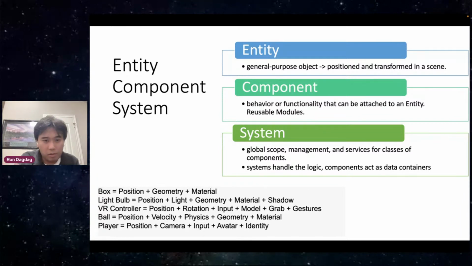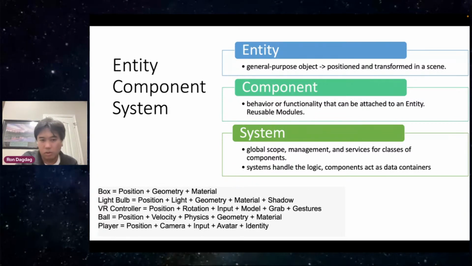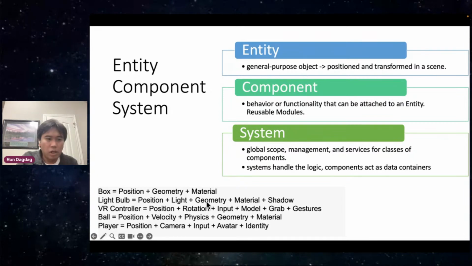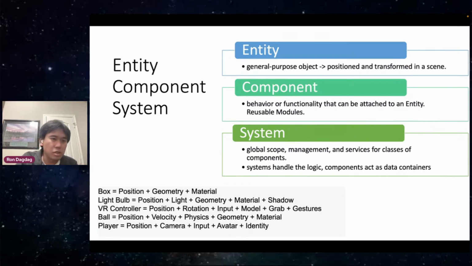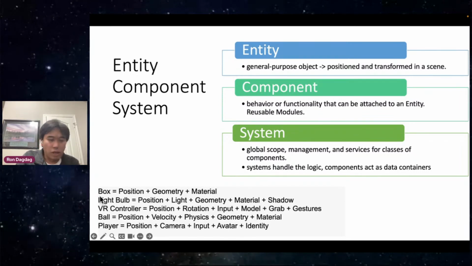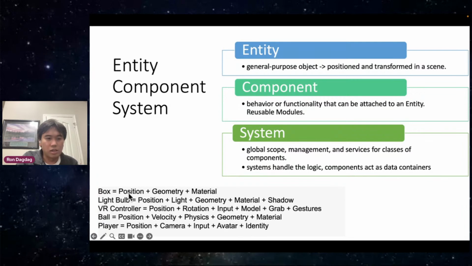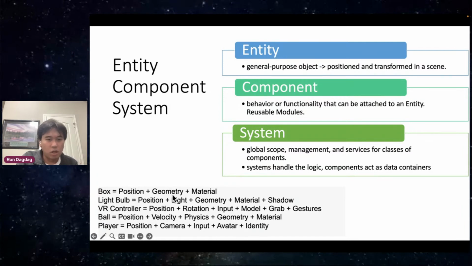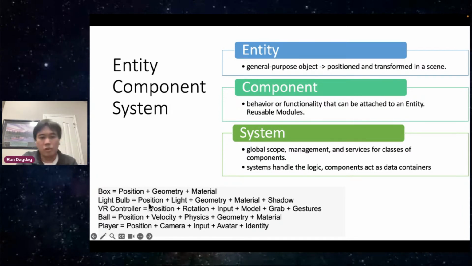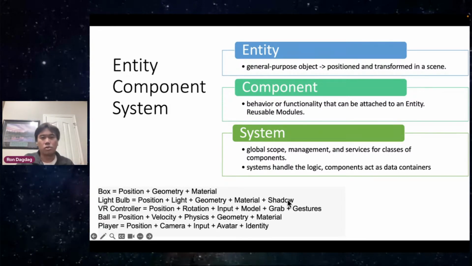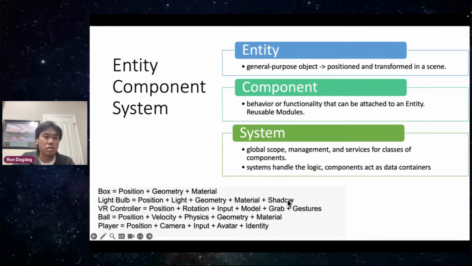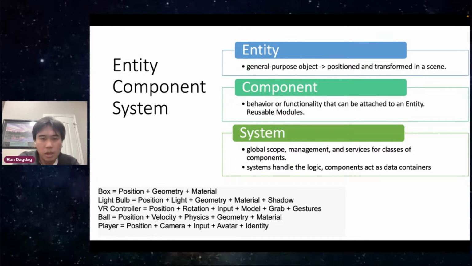It is familiar because it's kind of like the way Unity works and all the different game engines available to create 3D experiences. So, for example, a box contains a position component, geometry, and material. A light bulb has position, light, geometry, material, and shadow. Those are different components built together.